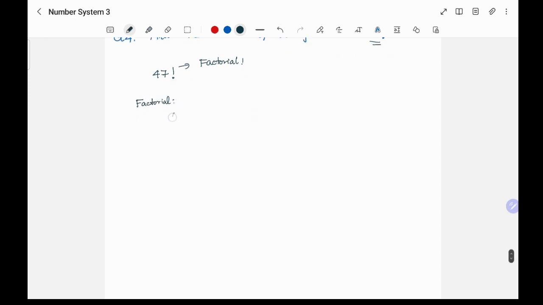Factorial of any natural number n is given by n factorial, this is the representation, is equal to n into n minus 1 into n minus 2 into, and so on up till 1.